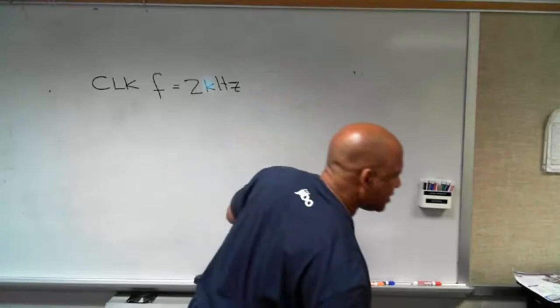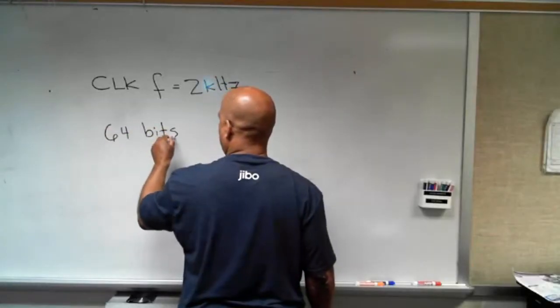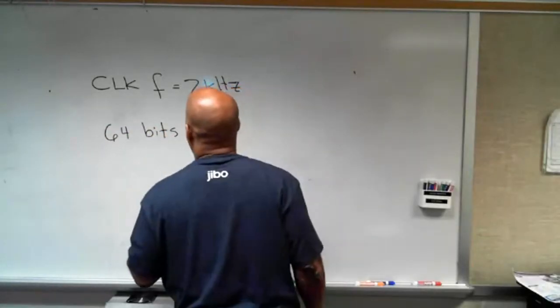Yep. And what was the other part of the question? How long does it take to transfer 64 bits serially? And then the one after that is just the same thing but parallel. Oh, okay. I remember. Yeah.